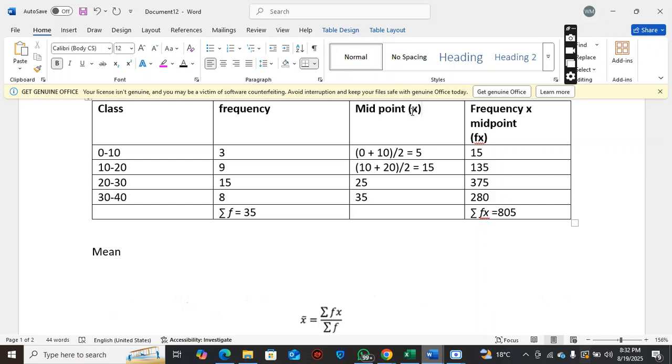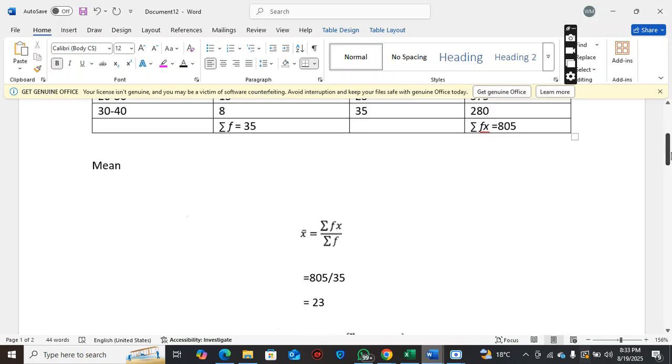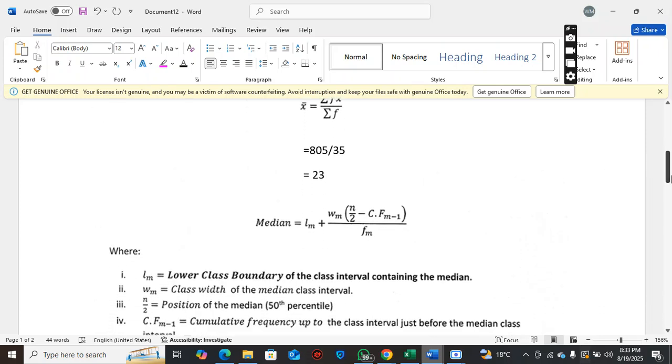Once you get the midpoint, you multiply it with the frequency. Then you get the total frequency and the total of the midpoint times the frequency, and you divide them. So our mean in this case is 23. Are there any questions before we go to the median?